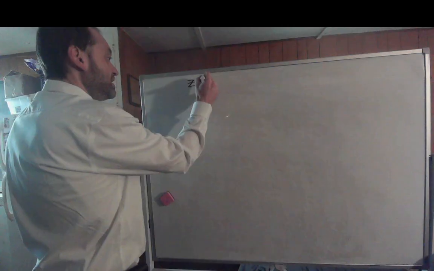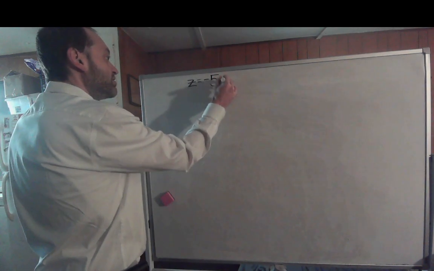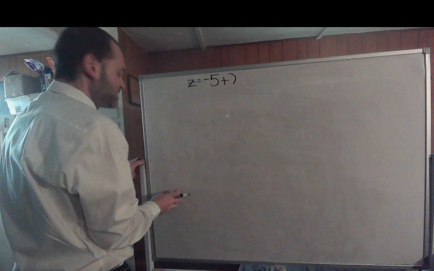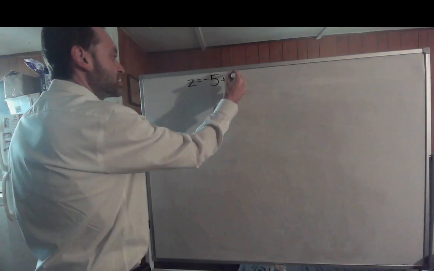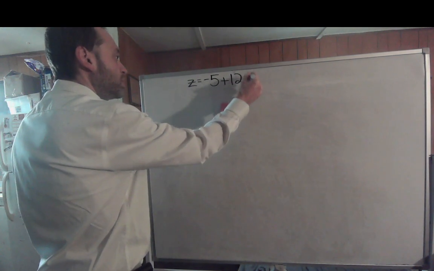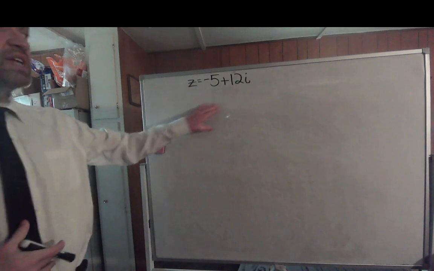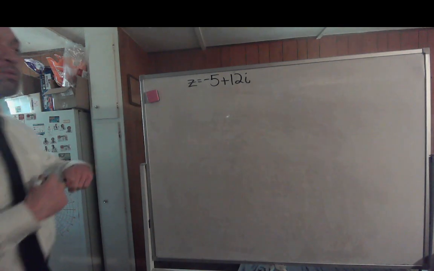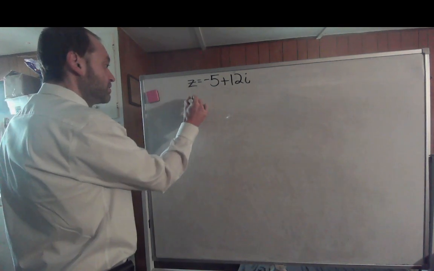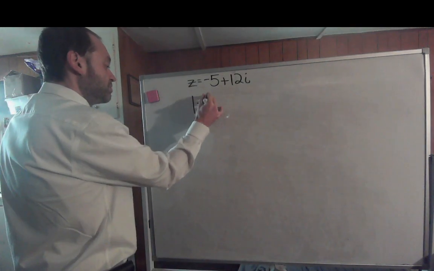Alright, let's see. z equals negative 5 plus 12i. So the complex number z equals negative 5 plus 12i. Well, let's find the absolute value of this complex number.